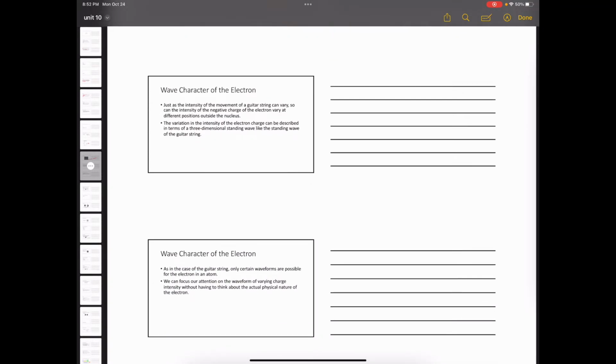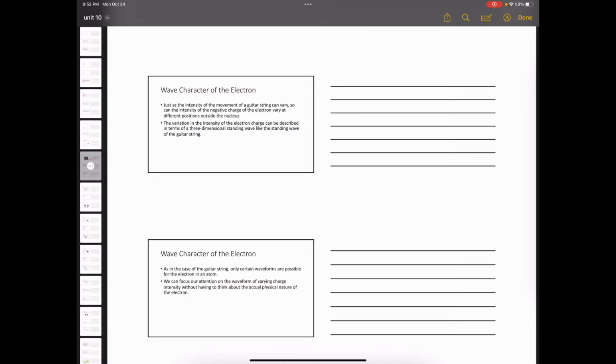So, what does the wave character of an electron mean? Again, we're going to summarize everything one more time. Just as the intensity of the movement of the guitar string can vary, so the intensity of the negative charge of the electron can vary at different positions outside the nucleus. When the electron moves around the nucleus, the intensity of that movement can vary from one area to the other, which would generate different waveforms.